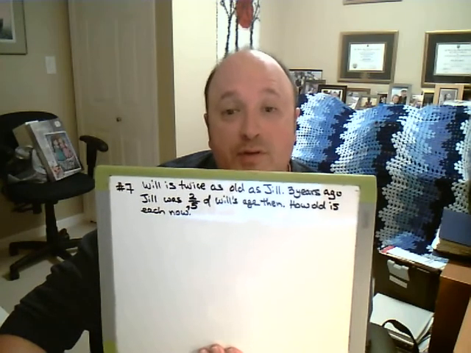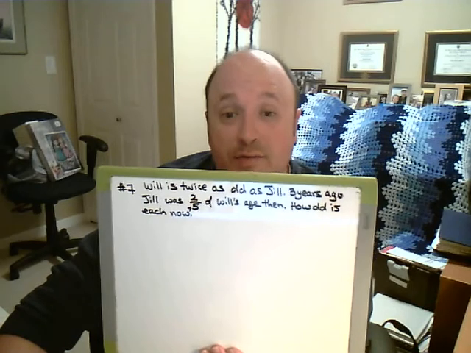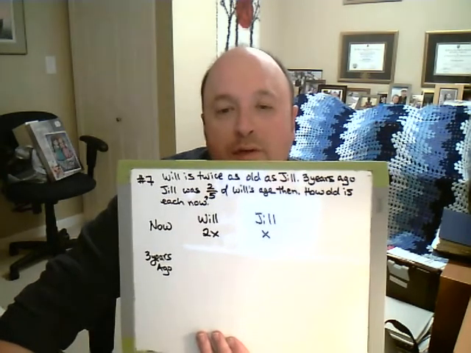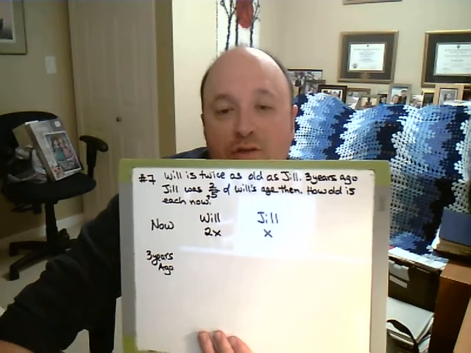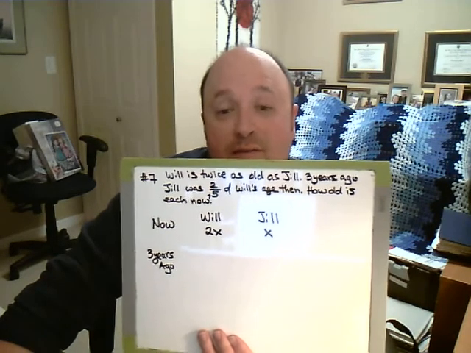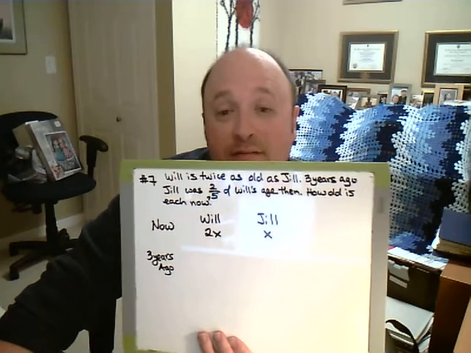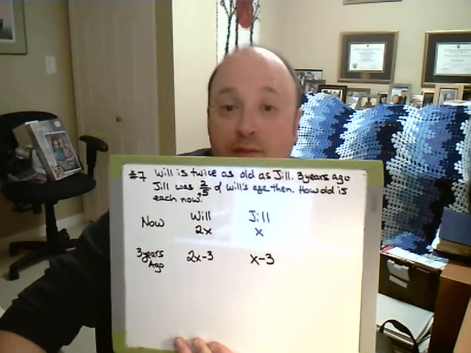So we have to set up a little chart for what the situation is now and what the situation was 3 years ago. Let's have a look at that. Okay, so here we have Will and Jill now being 2x and x, and 3 years ago, how are we going to write that? Okay, so 3 years ago, each of them had 3 less years.